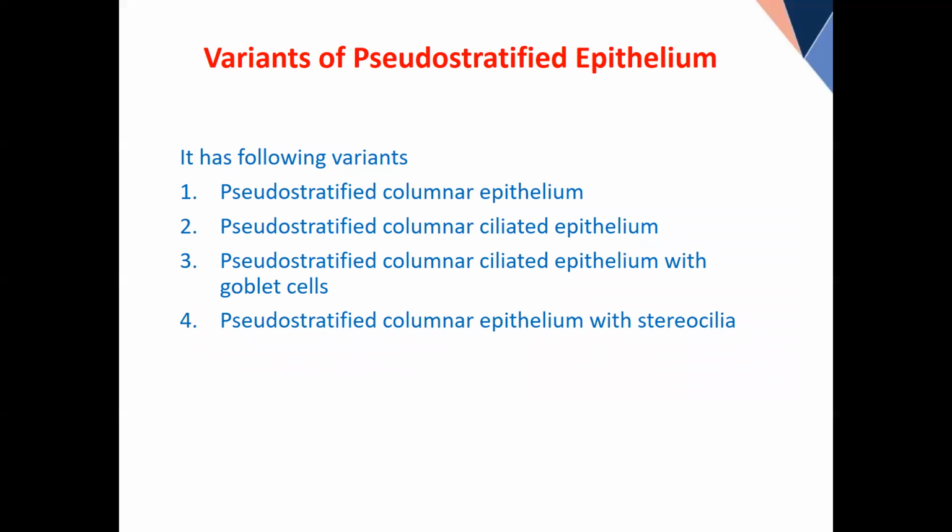It is found in the respiratory tract, in bronchioles, in trachea, in bronchi, to expel the mucus, the bulgum, out of the respiratory tract. This third type has cilia and mucus secreting cells, which are called goblet cells. And then finally, the fourth type of pseudo-stratified epithelium is mainly found in the male reproductive tract. It is associated with stereocilia. So I'll show you a slide for each of these types without giving details, right?